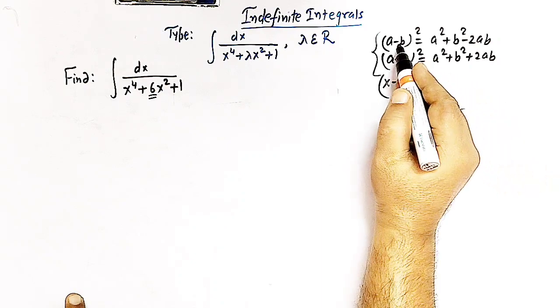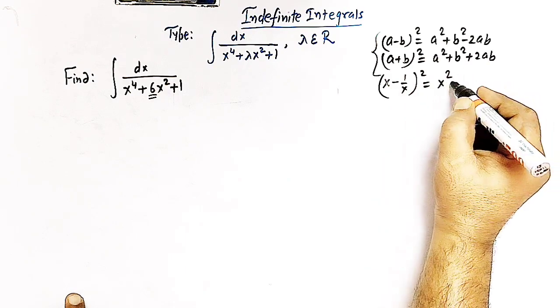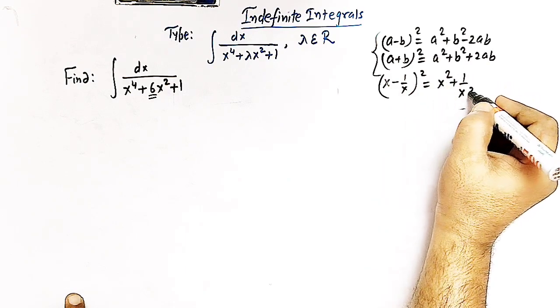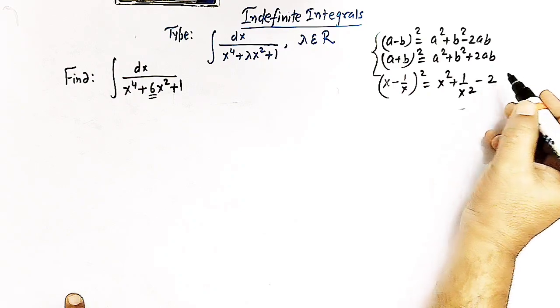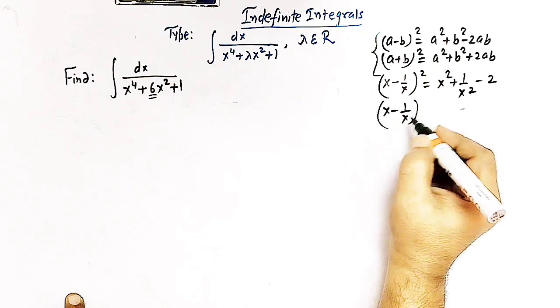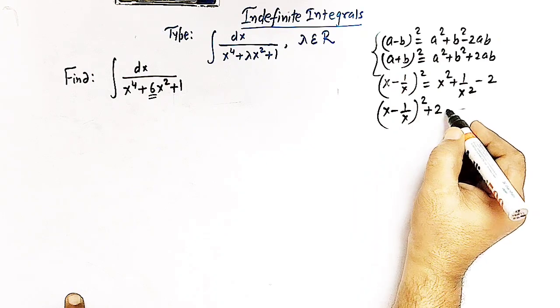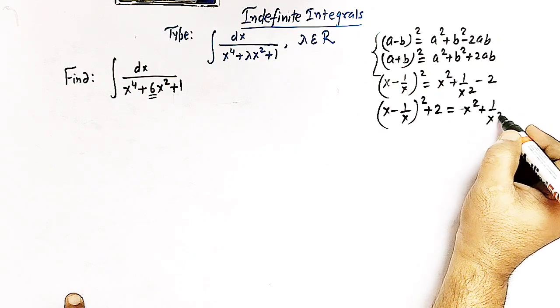So applying this identity to this one, we'll get x square plus 1 over x square and minus 2. Now we can take this negative 2 to this side, so we have x minus 1 over x whole square plus 2, and this is equal to x square plus 1 over x square.